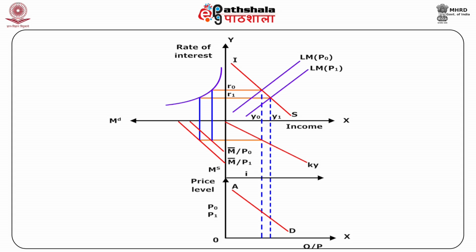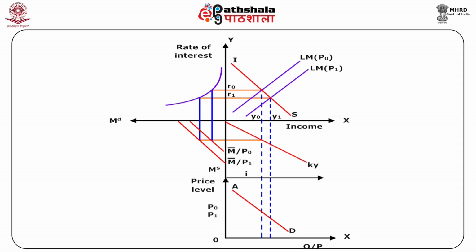At this point, the IS curve intersects the existing LM function, and the equilibrium rate of interest is R0 and the equilibrium level of income is Y0. At Y0, given the ky function, which tells us about transactions and precautionary demand for money, there is a given level of M1.